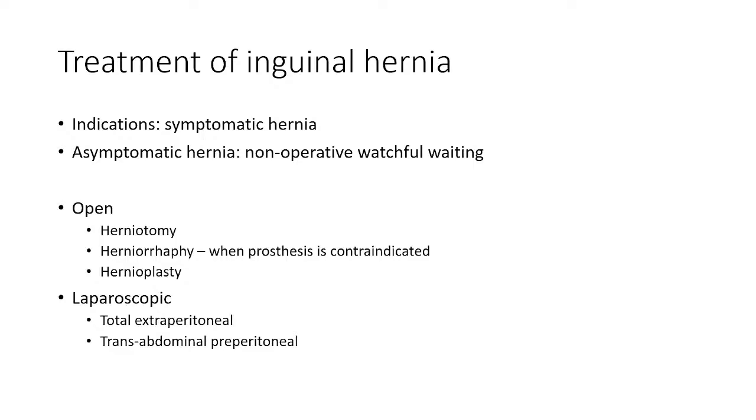Others are laparoscopic procedures. Again, the principle is the same; it is the fashion in which we place the mesh that differs. Laparoscopic repair can be done by TEP or TAPP, total extraperitoneal or transabdominal, which we will discuss in detail.